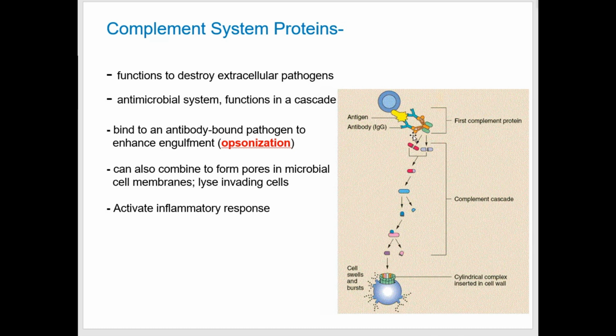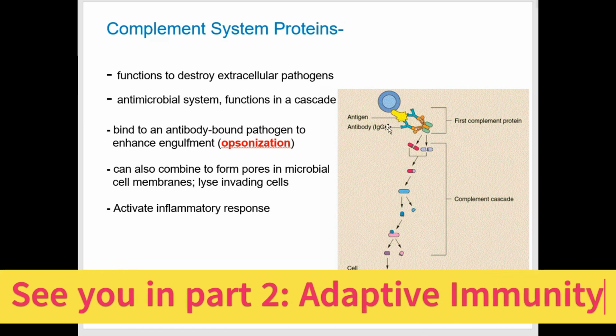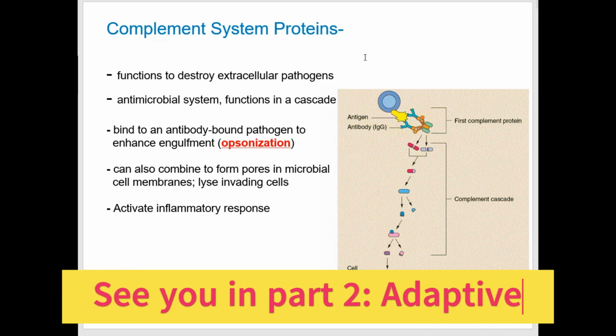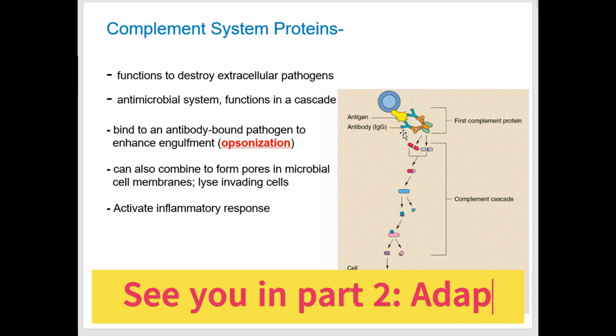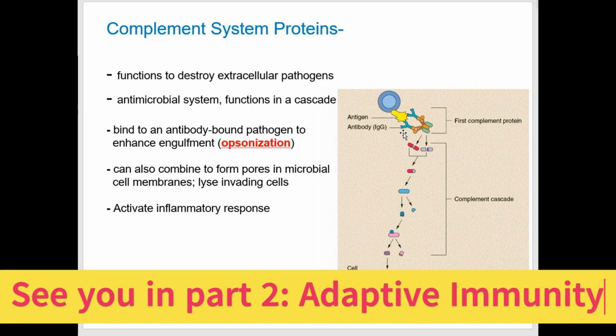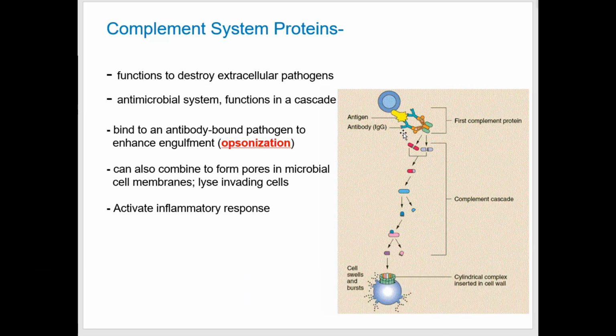So they're going to coat them. This coating also enhances the engulfment of that pathogen. So let's say there is a phagocytic cell nearby, and it would have to engulf this pathogen to get rid of it. But now, because it's coated with the proteins, that engulfment is going to be enhanced. So we call that process opsonization.